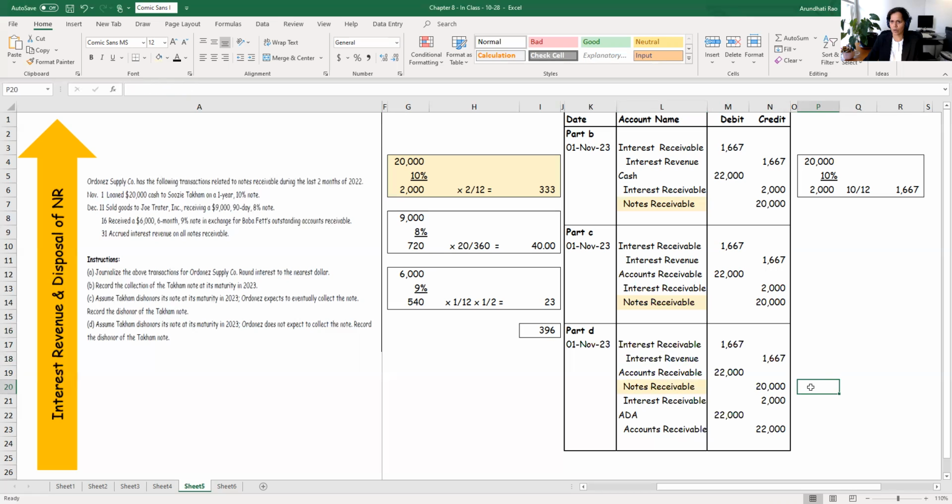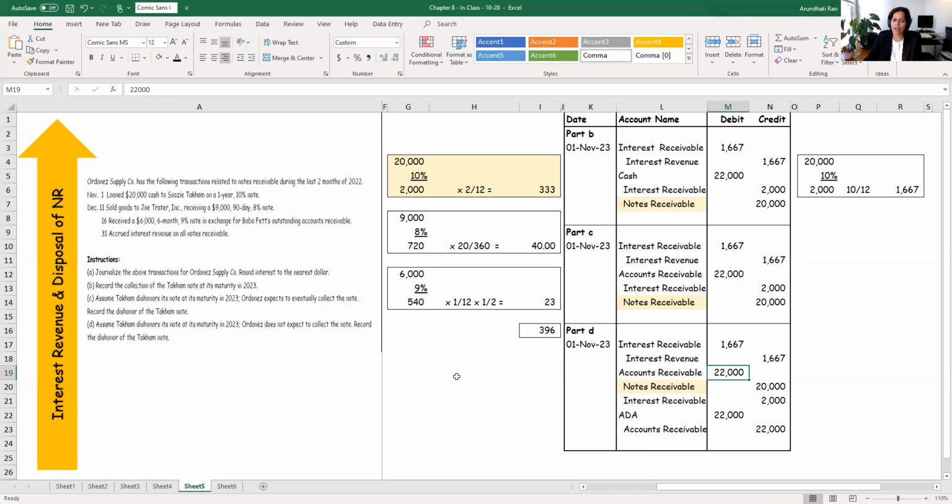That money is owed to me. The first case, I said I got the money plus the interest. Second case, I said I didn't get it, but I expect to get it. I brought it as a receivable. The third case, I said I'm not going to get it. I first bring it as a receivable and I immediately take the receivable off my books, which means I'm taking all these receivables off my books and saying, it's gone. I'm not going to get the money.